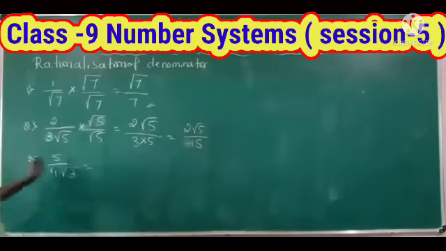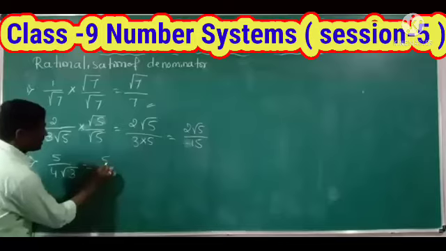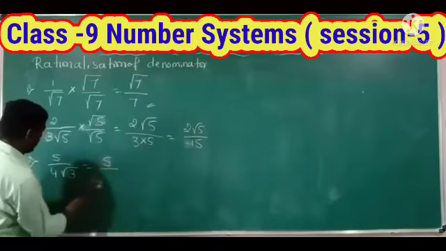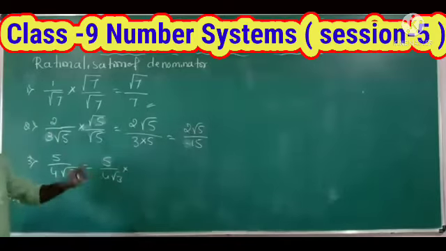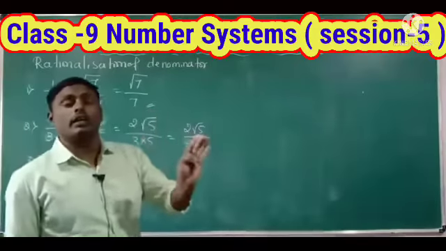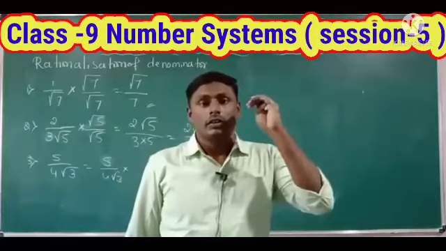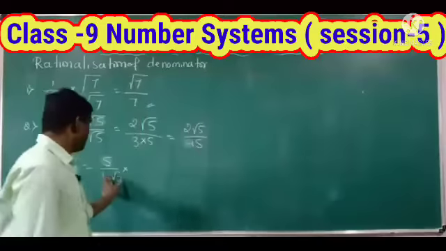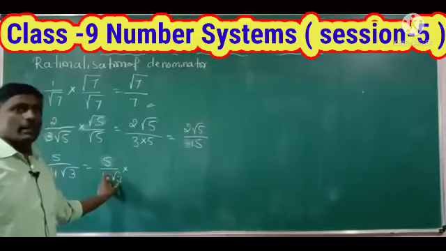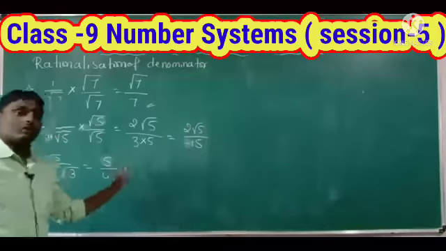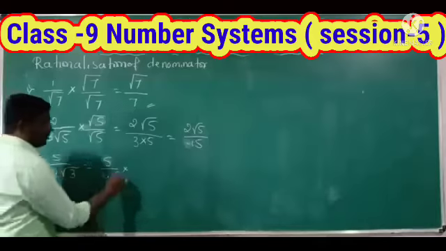Next one, 5 divided by 4 root 3. Write this 5 as it is, divided by 4 root 3. Now rationalize the denominator. Rationalizing the denominator means we are multiplying the least required rationalizing factor for both numerator and denominator.